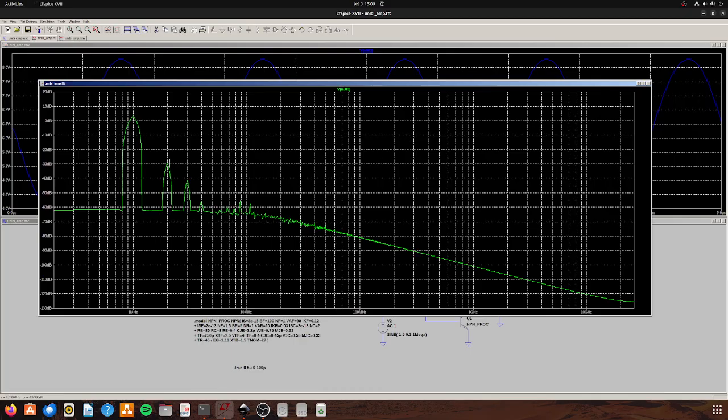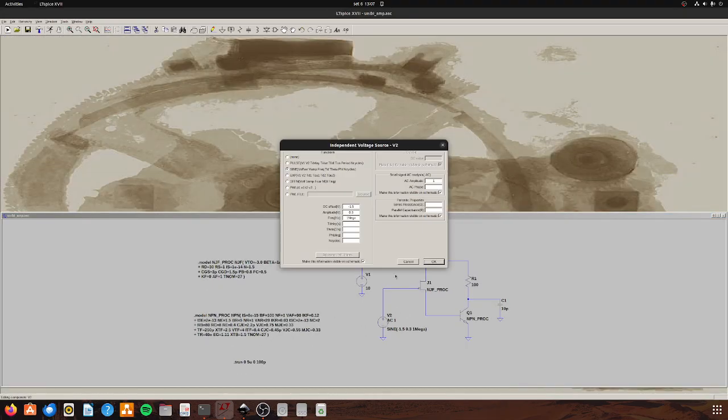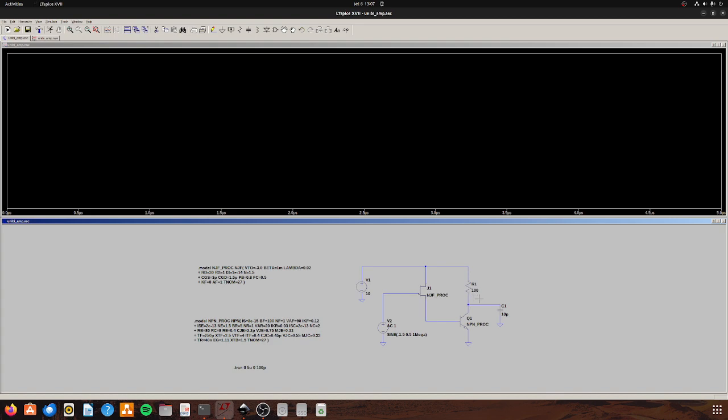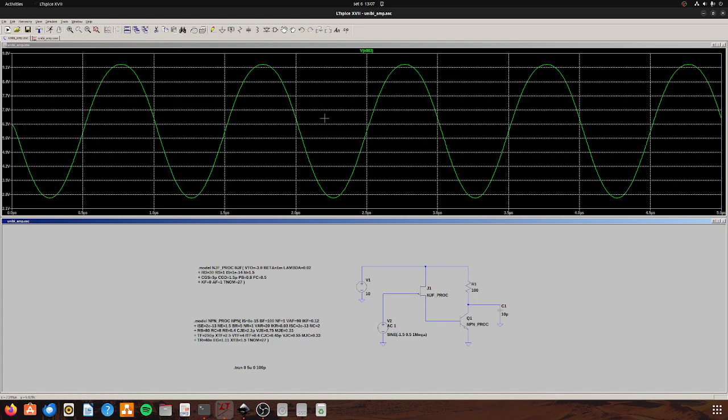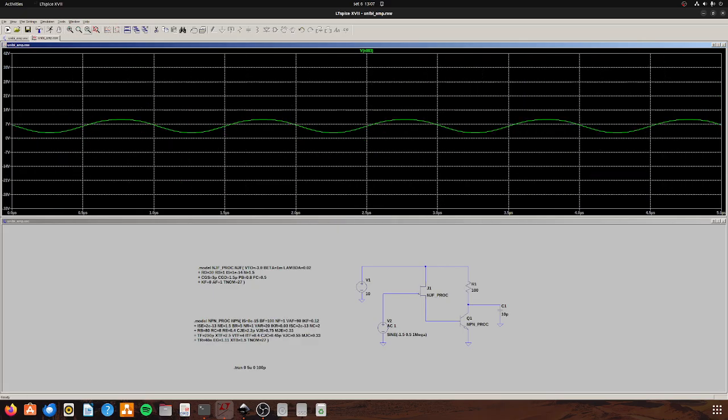So if I do this, I start to see that the second harmonic is starting to appear, the third harmonic too, and if I continue to increase this to 5, the signal will really change. We start to see some clipping over here. Not too much, but you can actually see it.